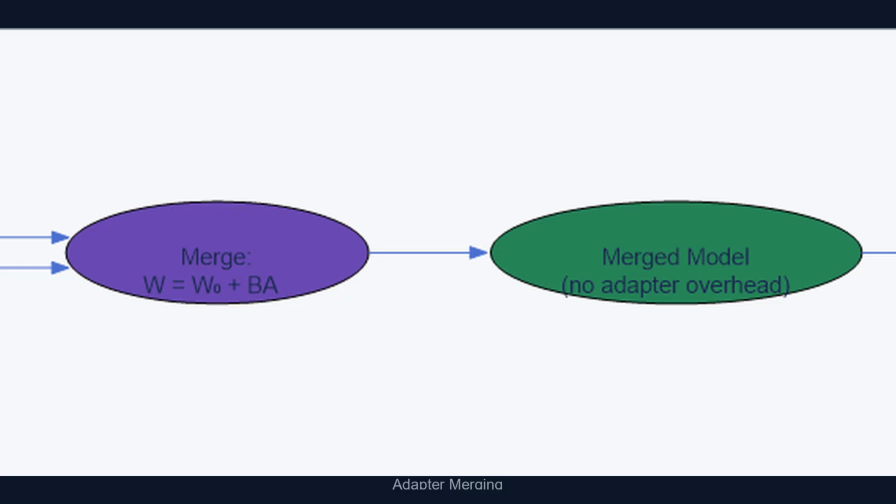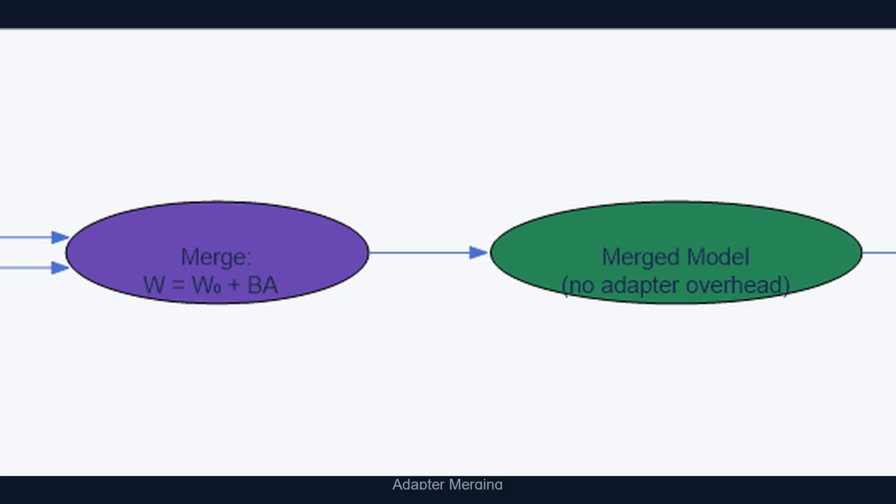At merge time, you compute W equals W0 plus BA and write that directly into the model weights. The adapter ceases to exist as a separate structure. The result is a single model with no adapter overhead, faster inference, simpler deployment, and full compatibility with serving frameworks like Ollama or GGUF-based tools.